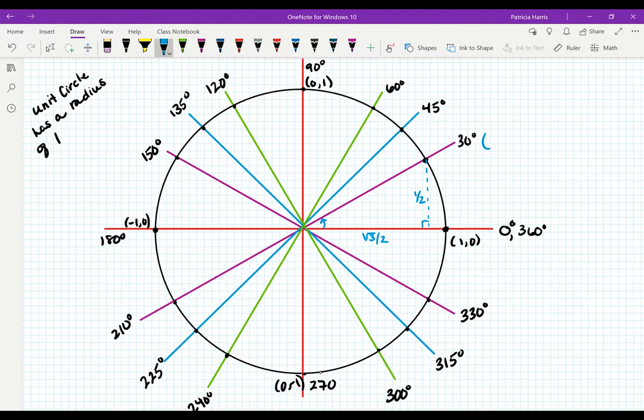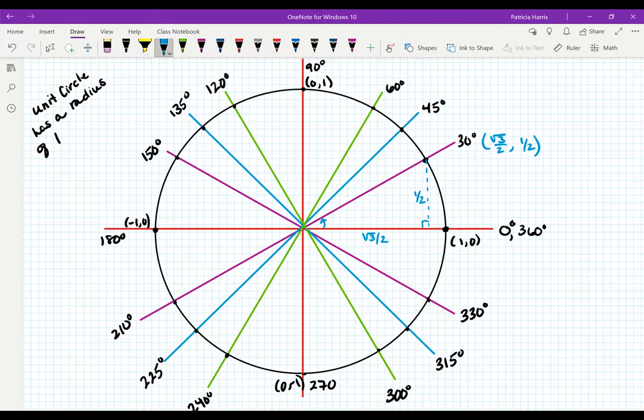Okay, so we can go into a longer explanation of that in a bit, but we're just building right now. Okay, so notice that those are the values for sine and cosine of 30 degrees.